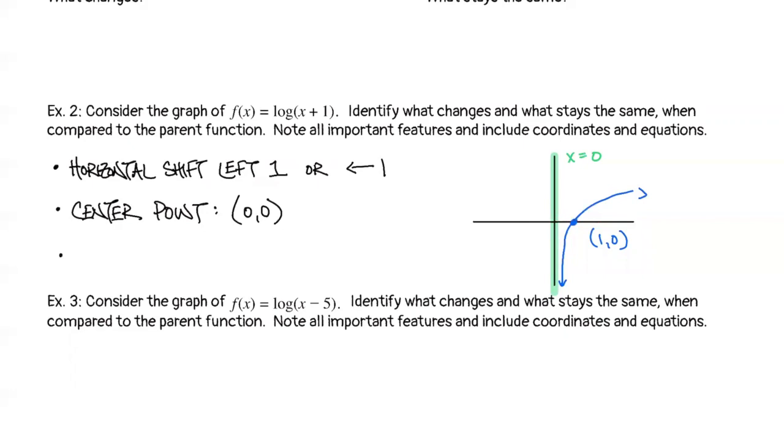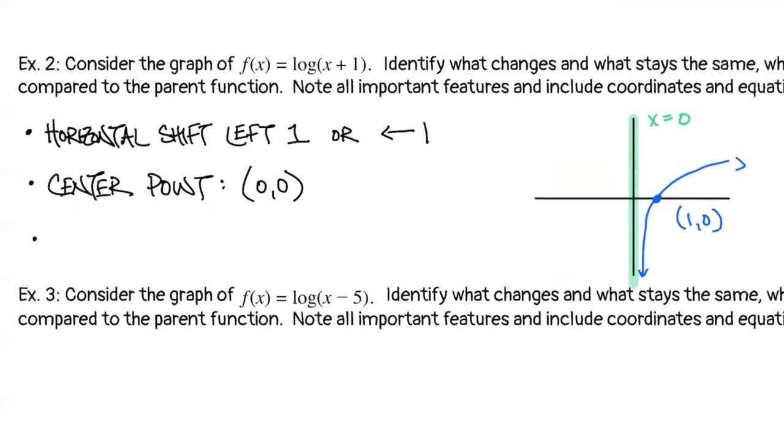What else changes? Yeah, that asymptote, such a weird word. There are so many consonants in a row and you don't need to say them all, but an asymptote, right? The asymptote changes. Great.